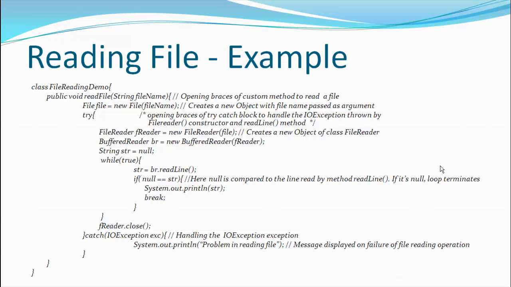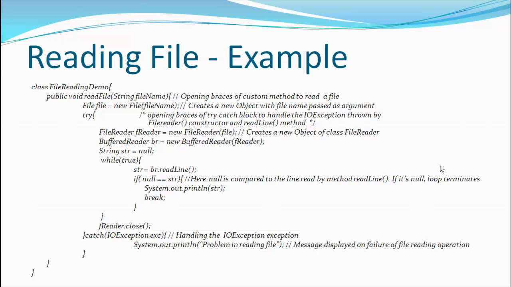Coming to the try block, at the first statement, we are creating an object of class FileReader and the input argument is supplied as file. The file has been supplied as an input argument for the fReader. That is, we are reading a file.